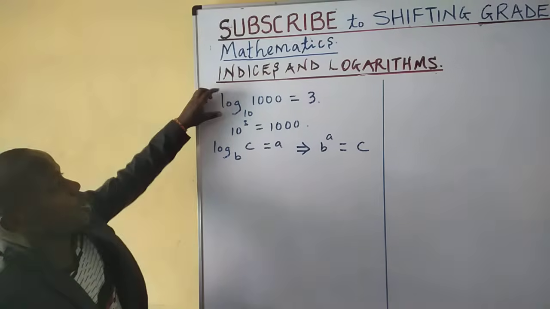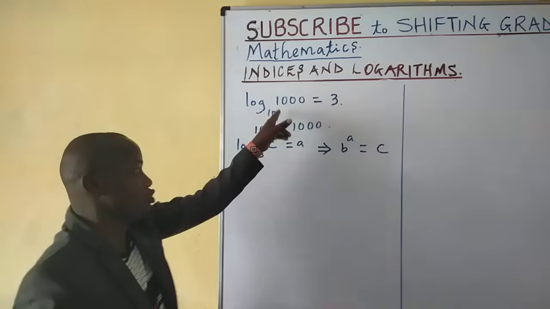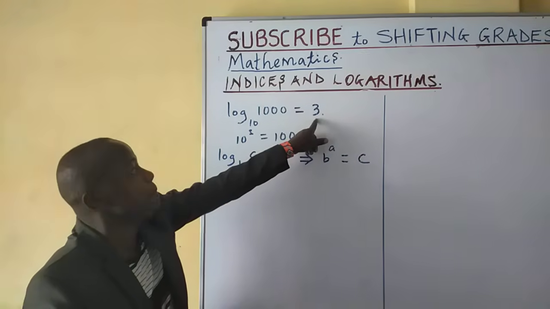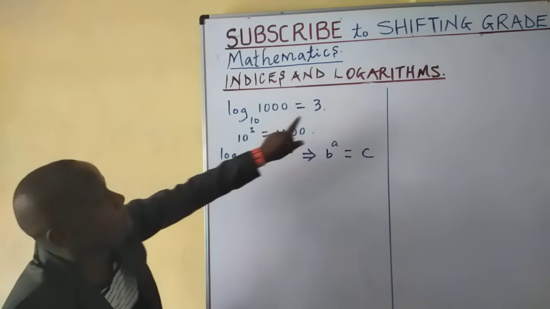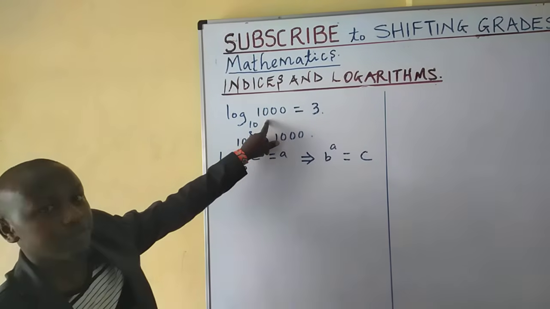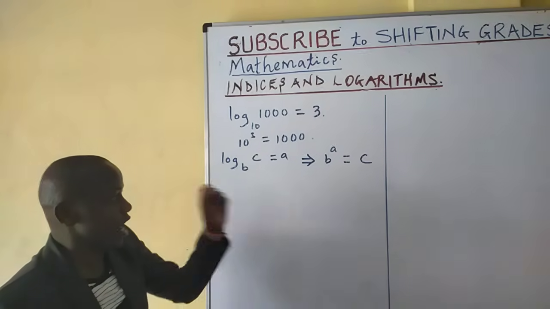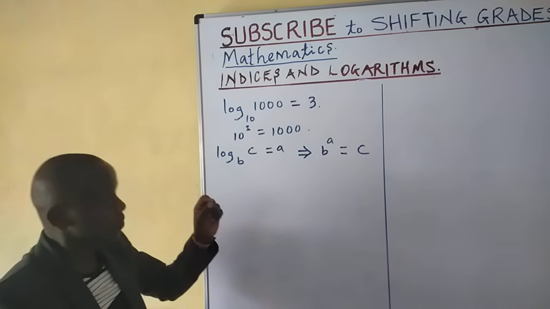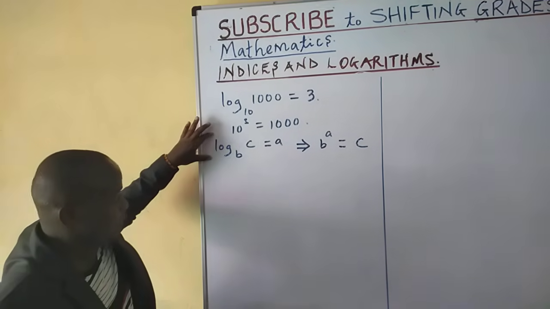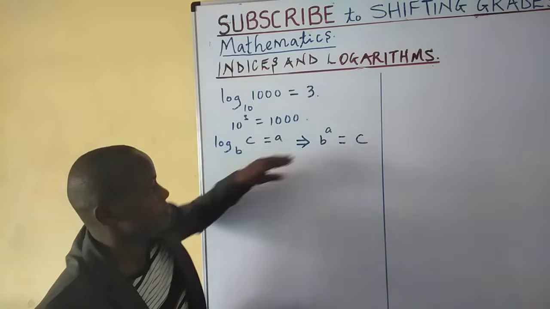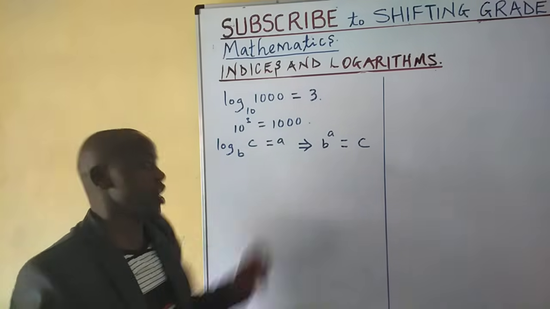Therefore, log 1000 to base 10 is equal to 3 means that 10 power 3 is equal to 1000. Therefore, an expression or an equation can be changed from logarithm form to index form following this relationship.